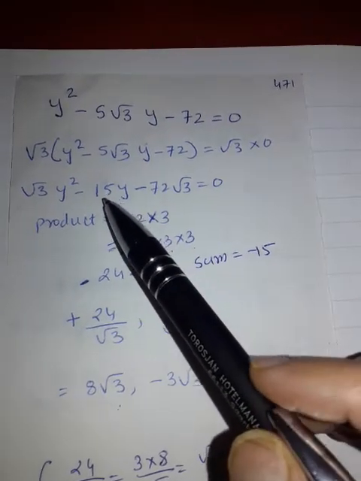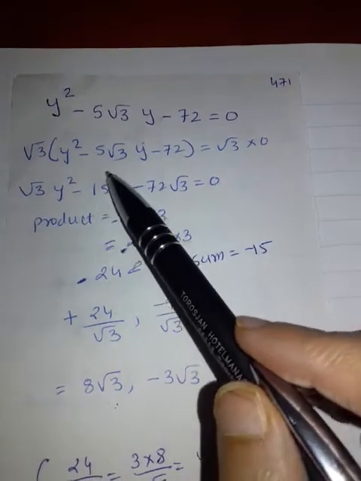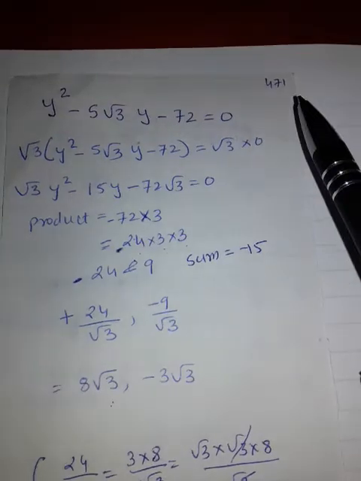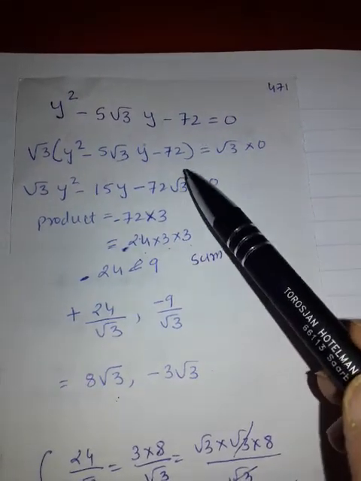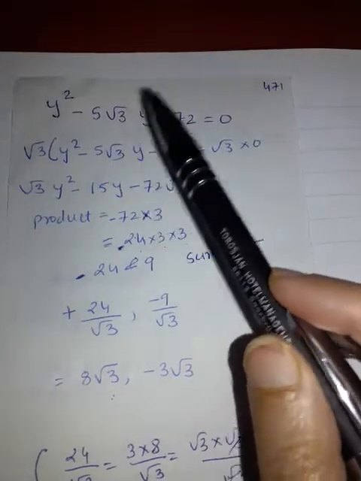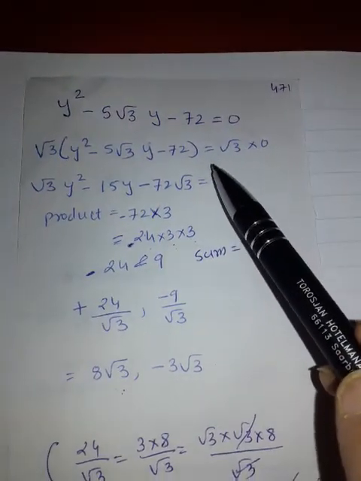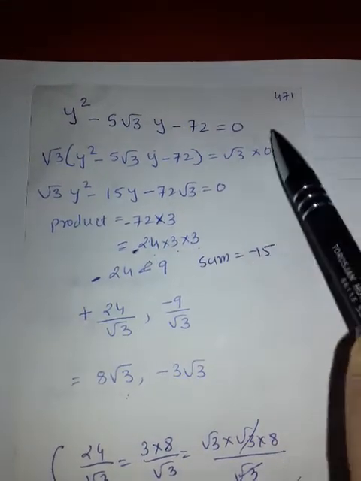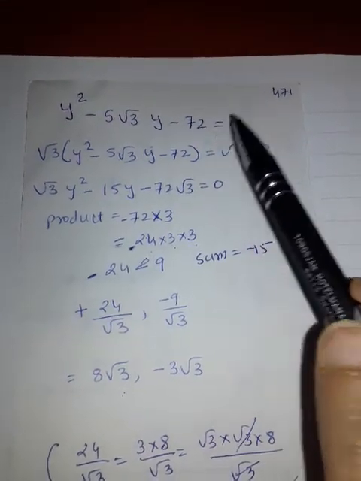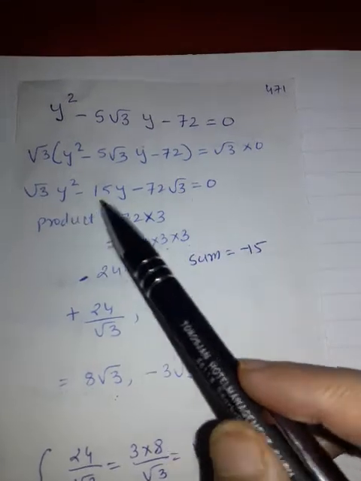If you observe now, the root sign is gone from the middle term. But these two equations are equivalent since we have multiplied both the left hand side and the right hand side by the same number. So whatever roots you get here apply to the original equation also. Now how to solve this?